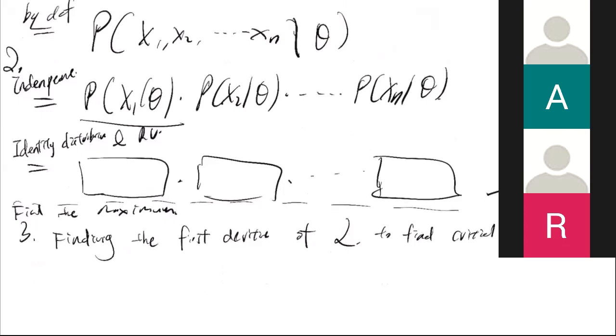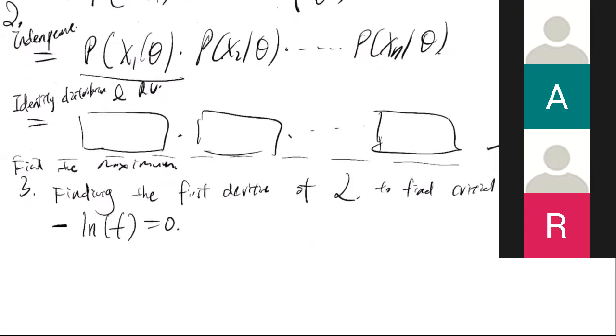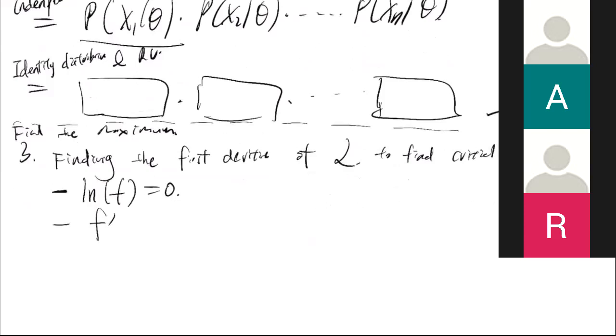Sometimes an easier way is to take the log of the function and set this to 0. So you can find the first derivative, the critical point, or you can just directly take the derivative if that's easier.